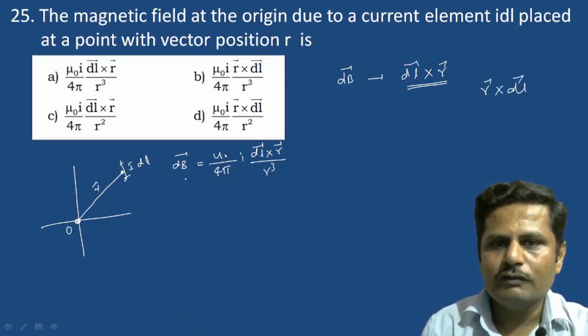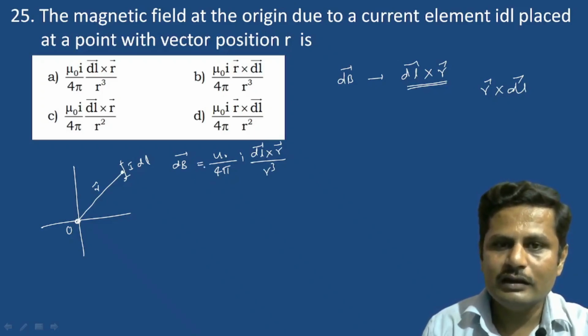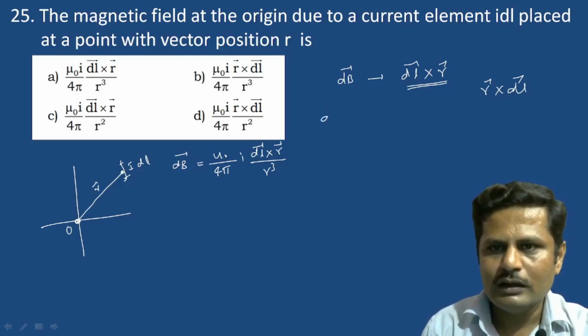Okay, so therefore we can have dB equals μ0/4π times I dl vector cross R vector divided by R cube. Suppose if you want to write R cross dl, then the direction of the magnetic field reverses. As we know, dl cross R vector is equal to minus R vector cross dl.